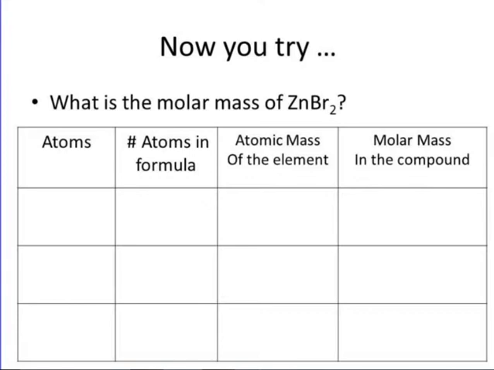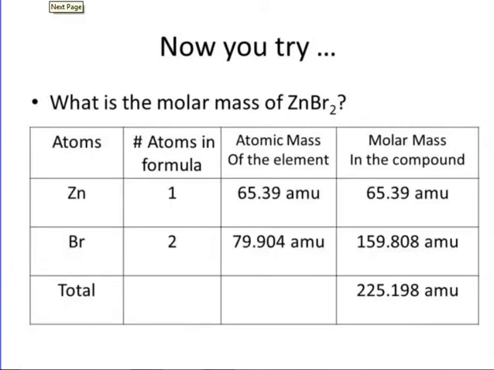Okay, hopefully you've paused and you've got a thought of what you think it is on your own. Go ahead and check against this. Does it look the same? If not, where did you goof up? Remember, this is from the periodic table. Okay, and then these are multiplied to equal that, and then these values are added down to get the total.